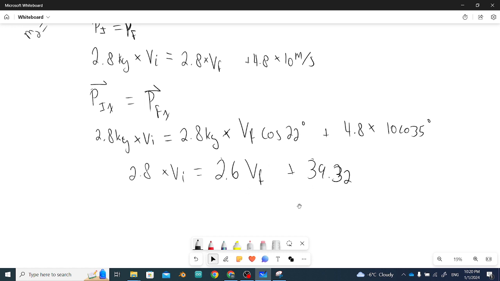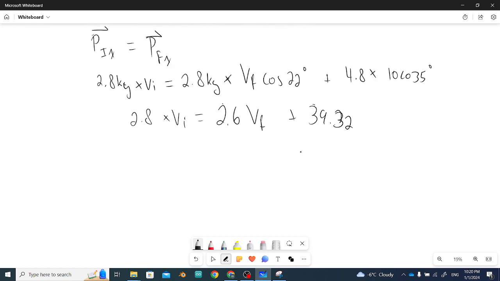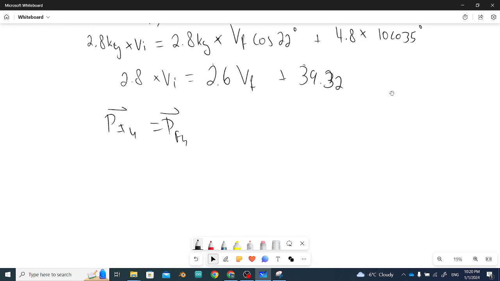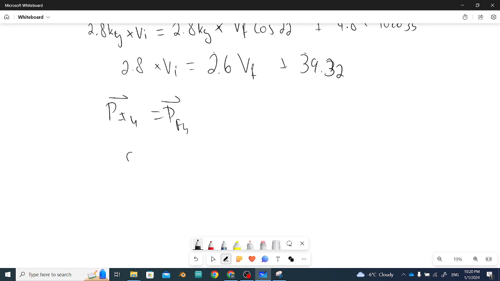Now let's do it for y. It's basically the same thing, for momentum in y. Since they said it was moving along the x-axis, there is no linear momentum in y at the beginning, so 0.